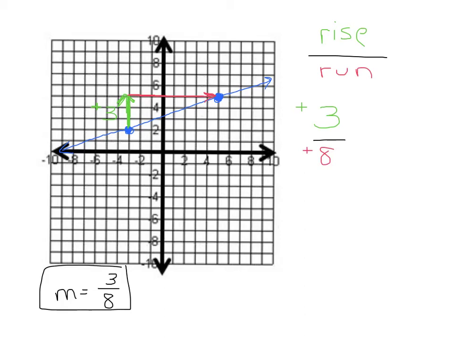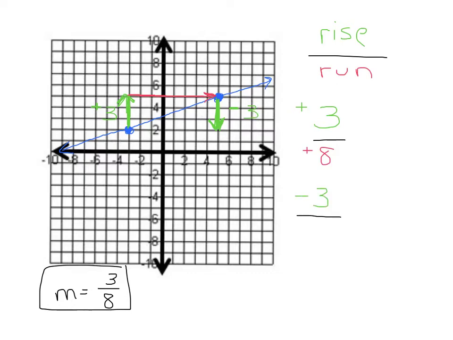Now, what you may have also decided to do is instead of beginning with this point down here, you may also begin with this point up here. And if I do that, to get to my second point, I would have to go down 3. So I would say it's down, which is going to be negative 3.